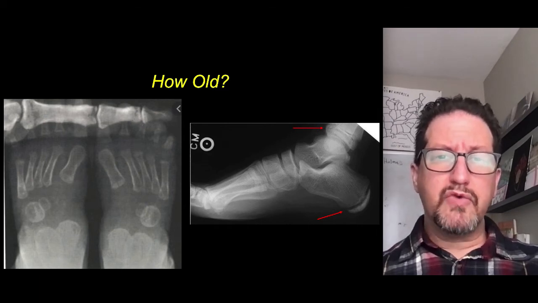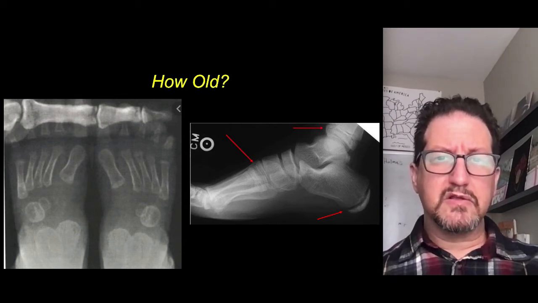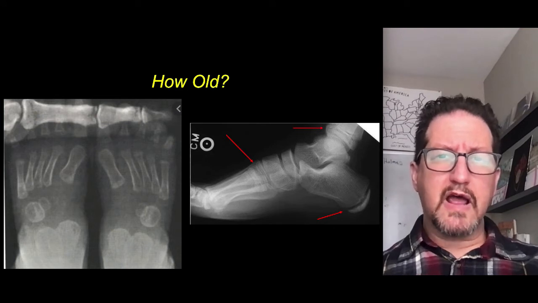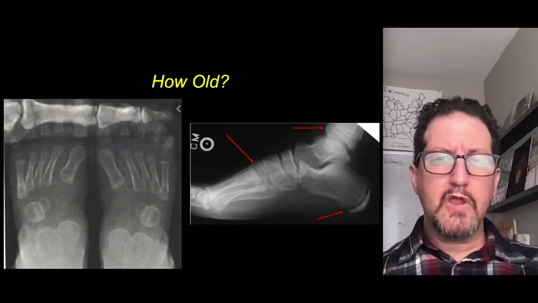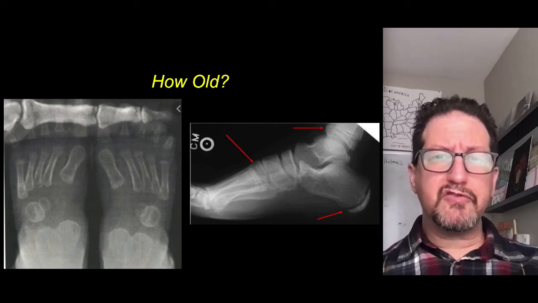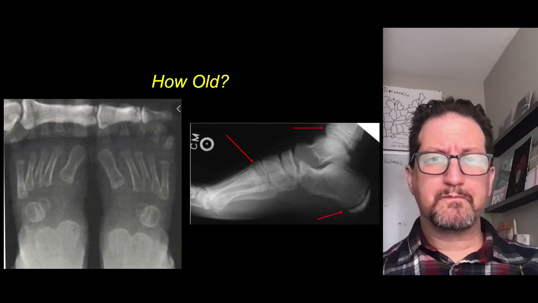And if you look really carefully, there are very thin lines, and that thin line actually represents the proximal epiphysis of the first metatarsal. Remember, the lesser metatarsals have epiphyseal plates at the distal end, and the first metatarsal is proximal.